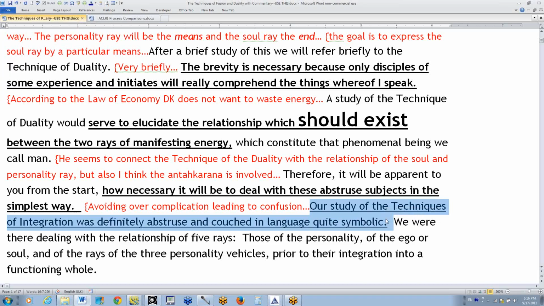Did we think so as we studied it? I suspect we did. We were there dealing with the relationship of 5 rays, those of the personality, of the ego or soul, and of the rays of the 3 personality vehicles prior to their integration into a functioning whole.